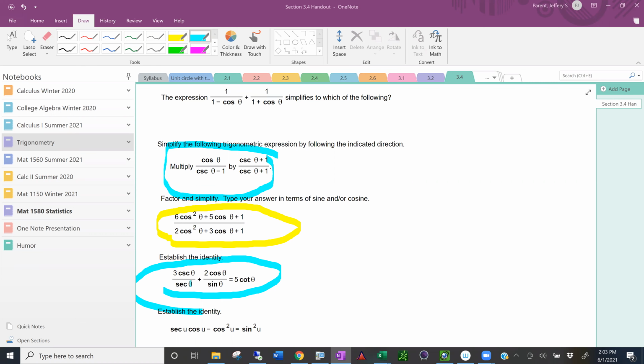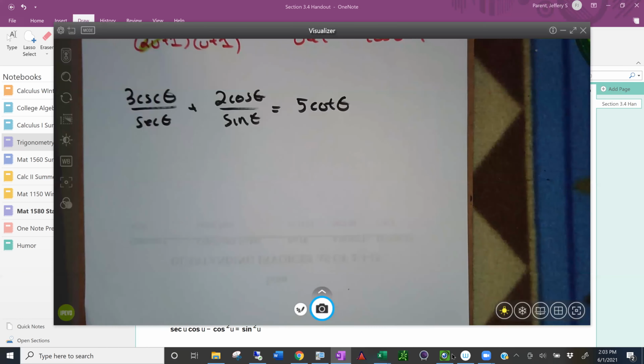And that's somehow supposed to equal 5 cotangent of theta. Now, some of the problems that I've assigned you will actually give you little steps that you have to fill in step by step. I'm just going to show you this one from the get-go.